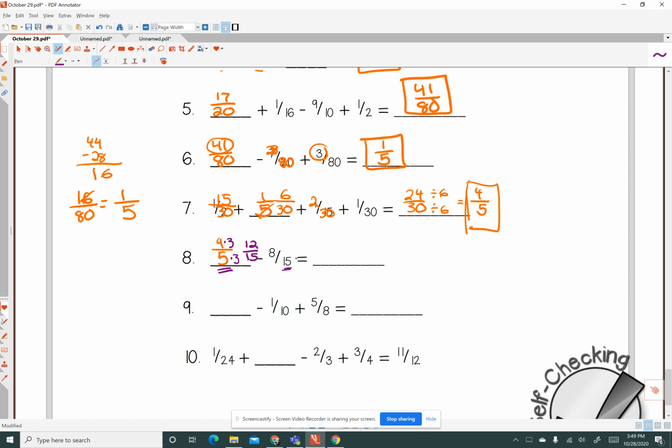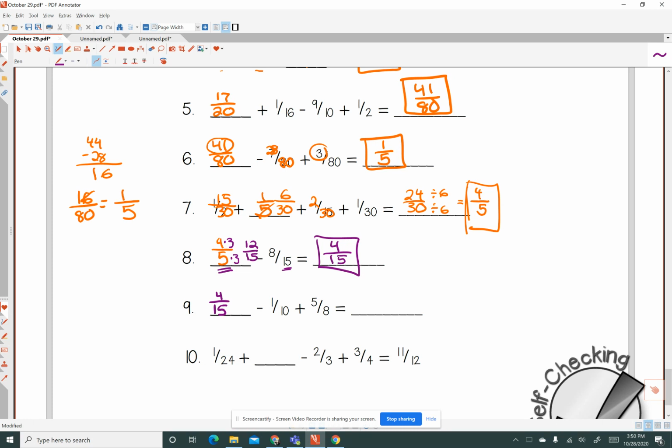So 12/15 minus 8/15 is 4/15. And we'll put that here. And now we have 4/15 minus 1/10 plus 5/8.